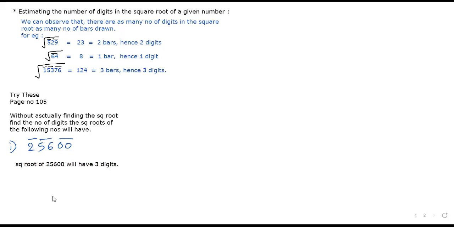Just a minute. Let me check the number properly. 10 crores is the number. So write down the number.